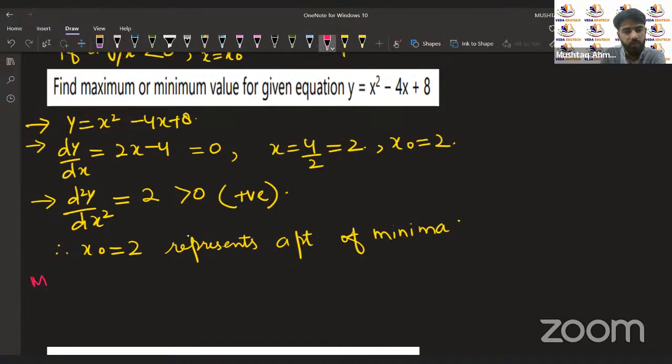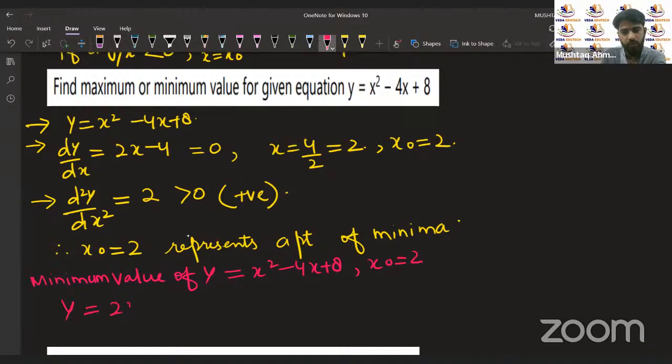So what will be the minimum value then? Minimum value of y will be x square minus 4x plus 8. We will put x naught as 2.